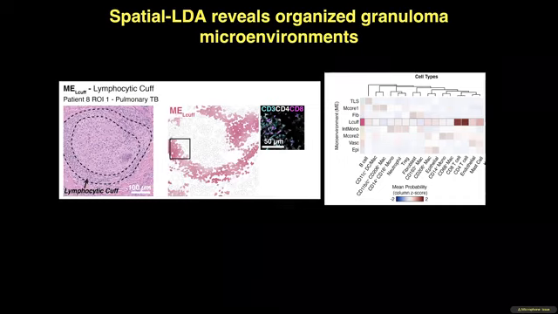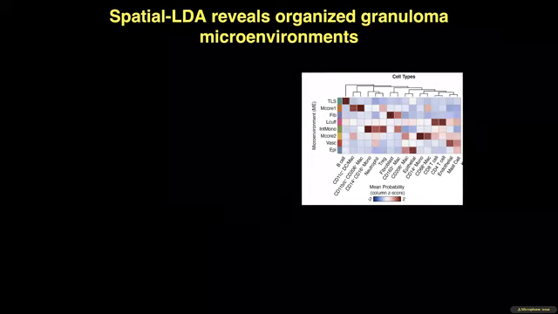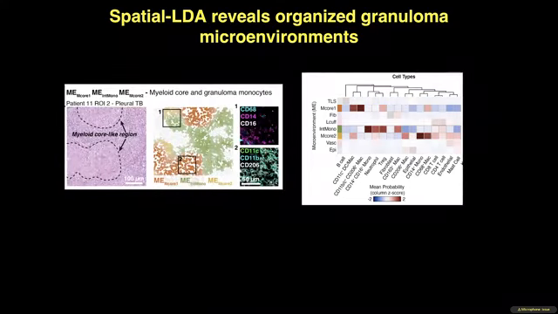And on the heat map, you can see that that is predominantly made up of CD8s and CD4s, which is what we expect. So then thinking about the granuloma myeloid core, what came out of that? Well, it turns out that when we did this analysis, the classical myeloid core really was not 1 microenvironment, but 3 microenvironments.